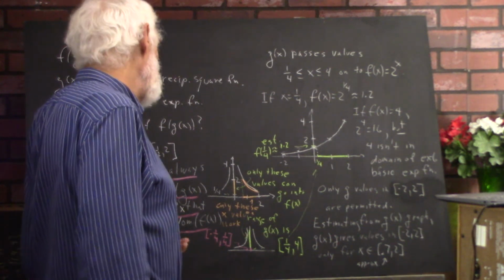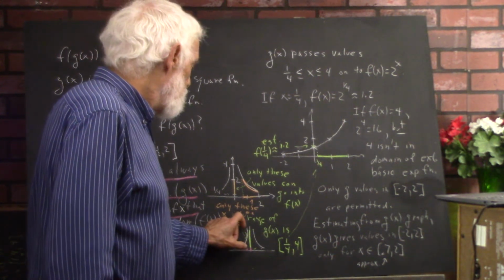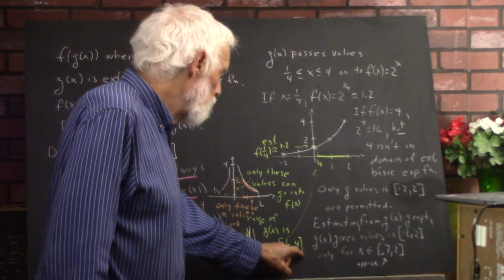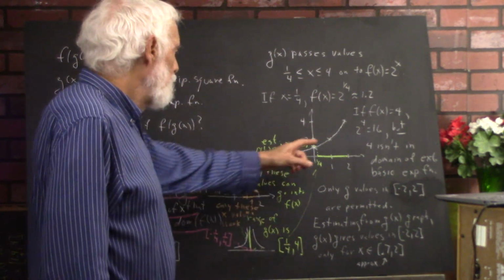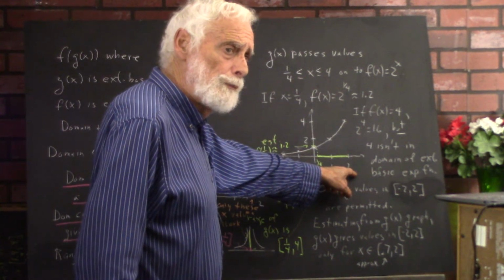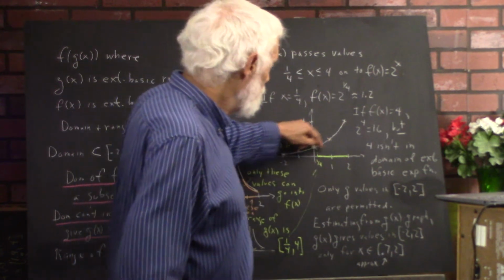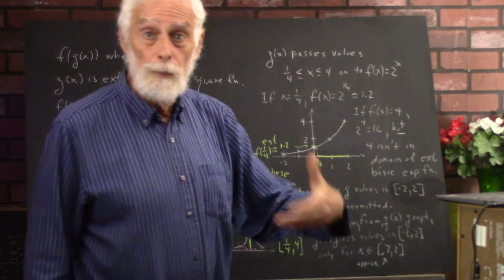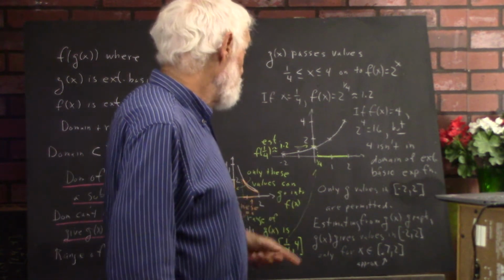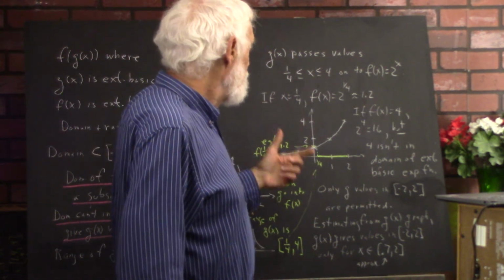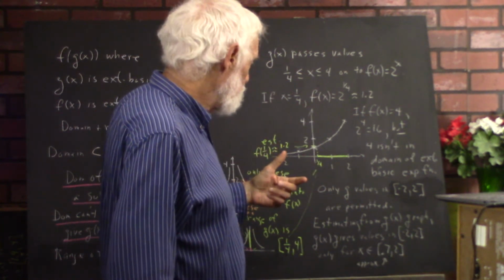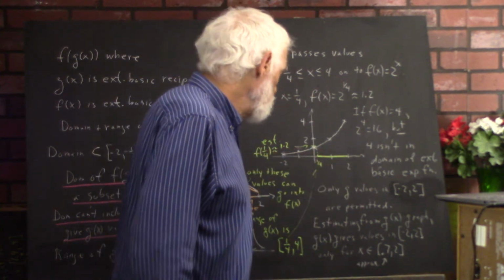Then the values from 1/4 to 4 don't all work in f of x, because the domain of f of x only goes up to 2. So you want to put the numbers from 1/4 to 4 in, and you can do that with the complete basic exponential function. But you can't do it with the extended basic exponential function. So that restricts what you can do.